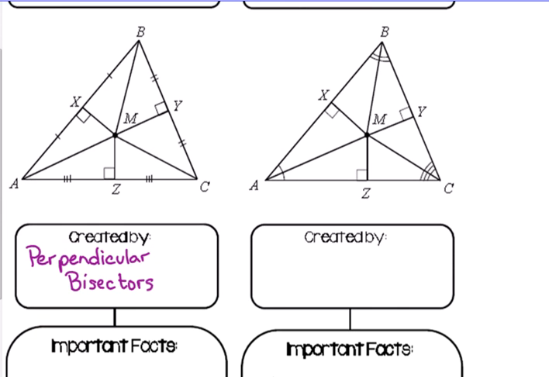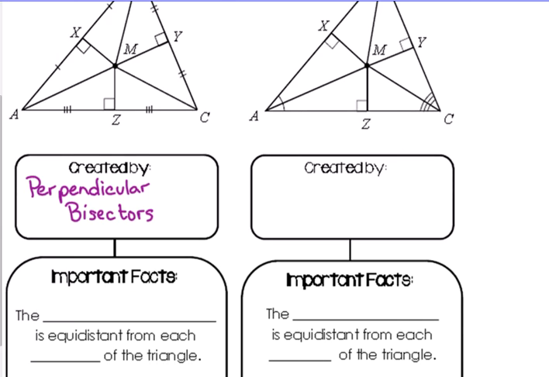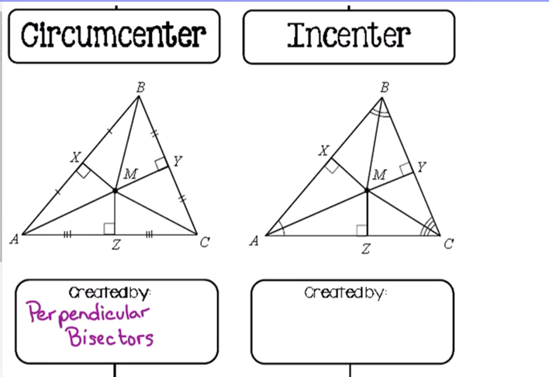The circumcenter, there are other segments here on our picture. Let me highlight these. XM, MY, and MZ are the perpendicular bisectors. They intersect right there at M. M is the circumcenter, that point right there.